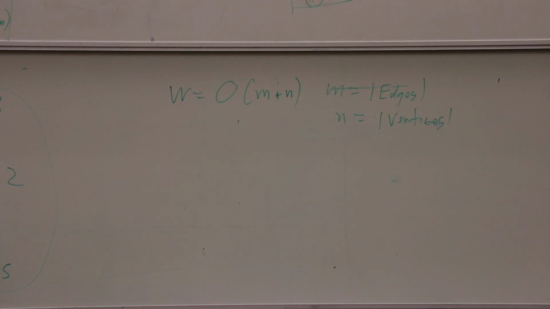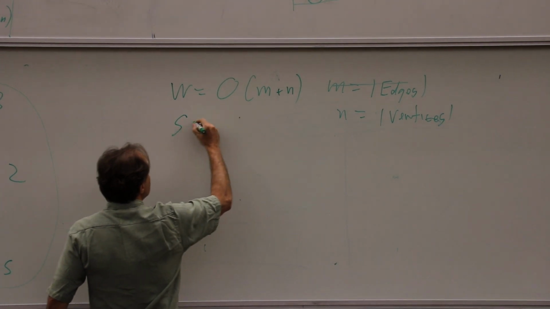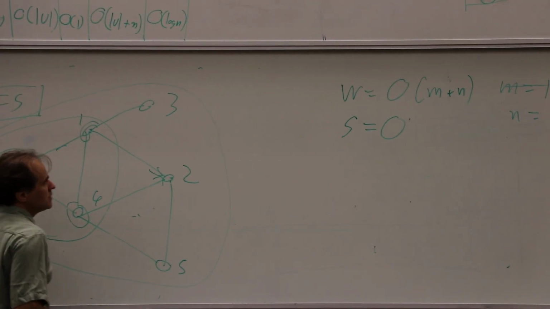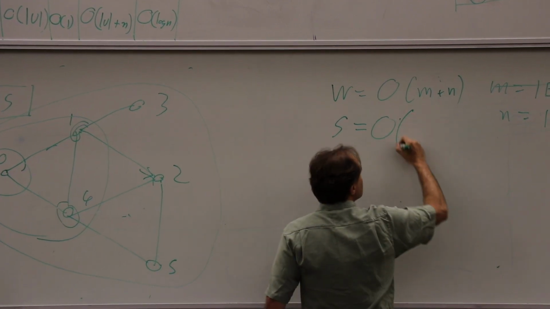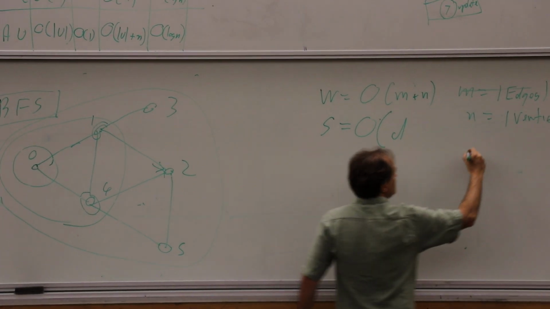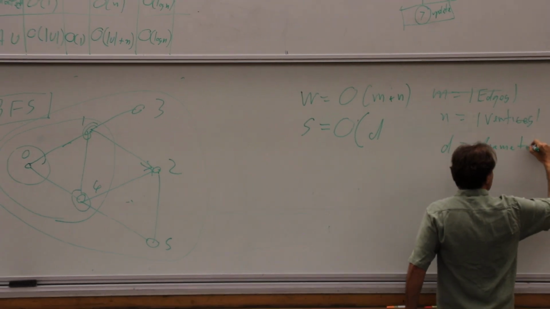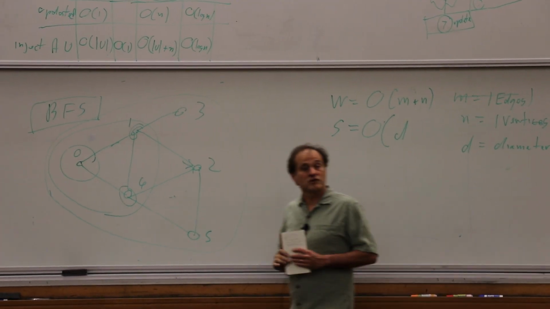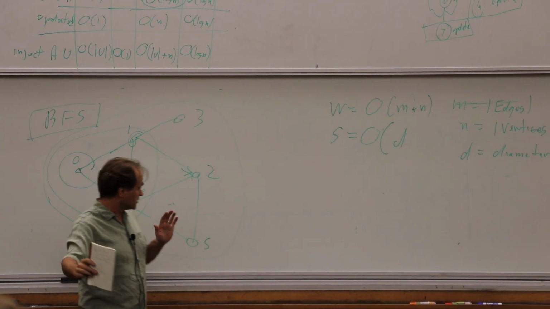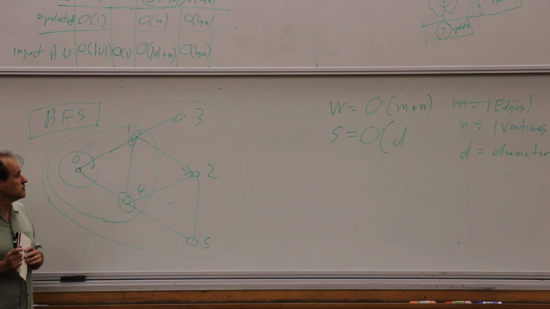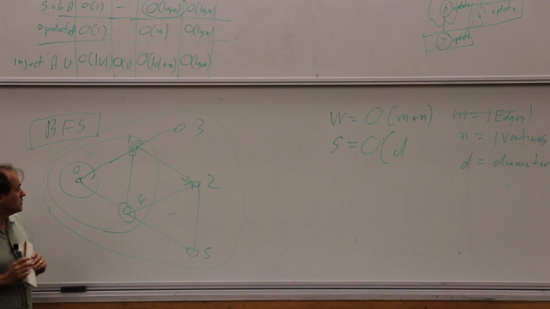That's sort of optimal. And then the span, because we're going to iterate over the levels, we have to have a factor in here, which is d. D is the diameter of the graph. The number of rounds of breadth first search is going to be proportional at most to the diameter. The diameter of the graph is the longest, shortest path in the graph.